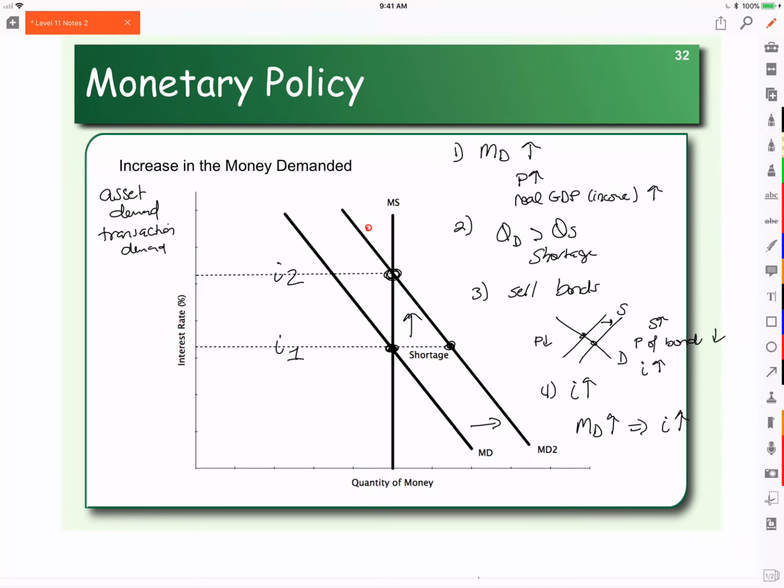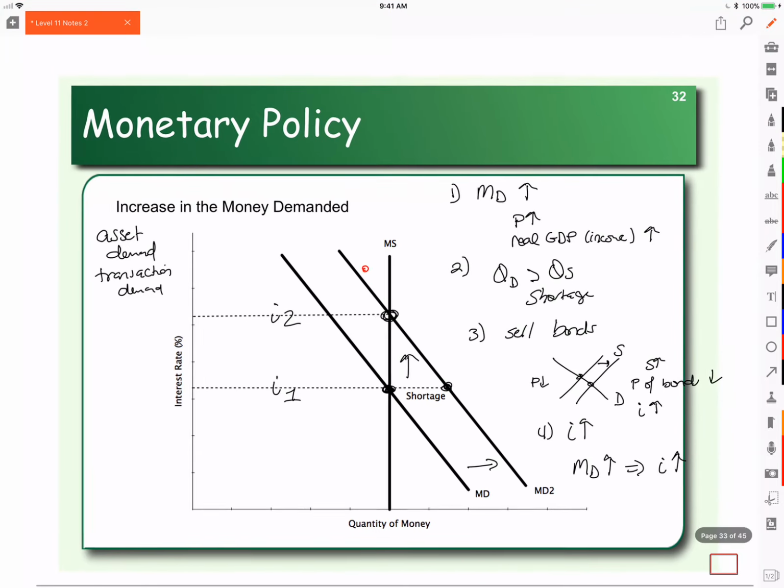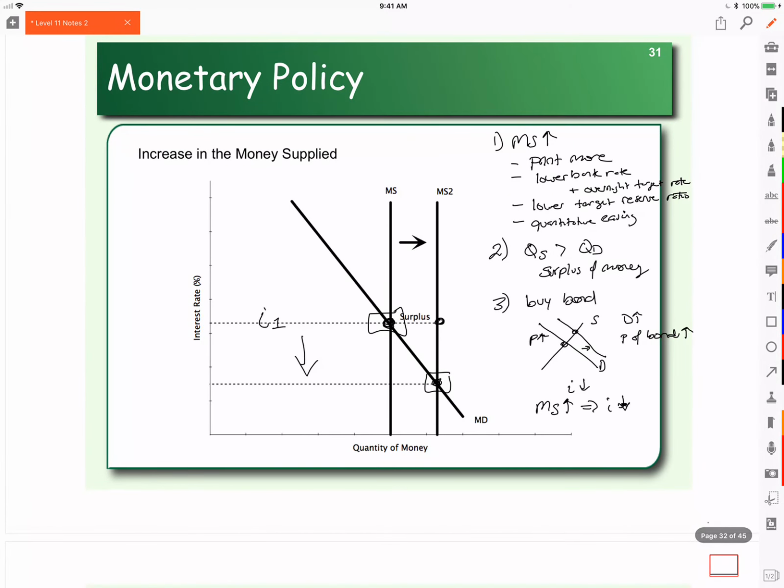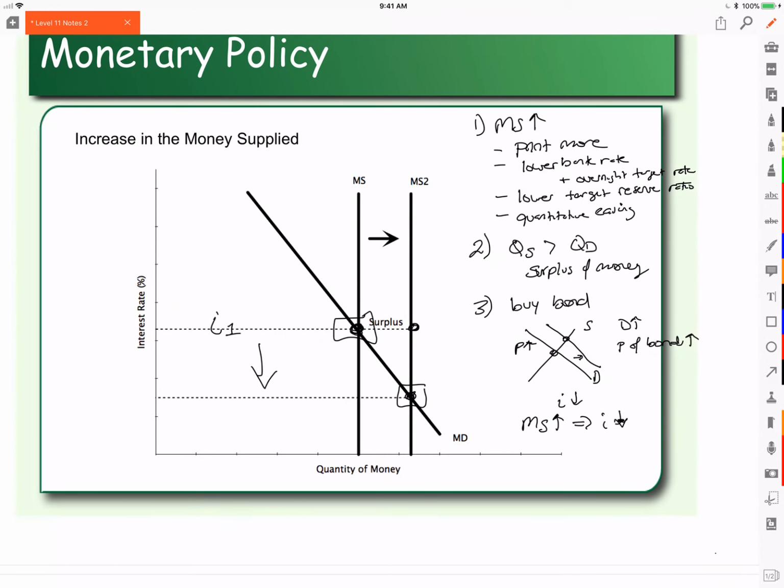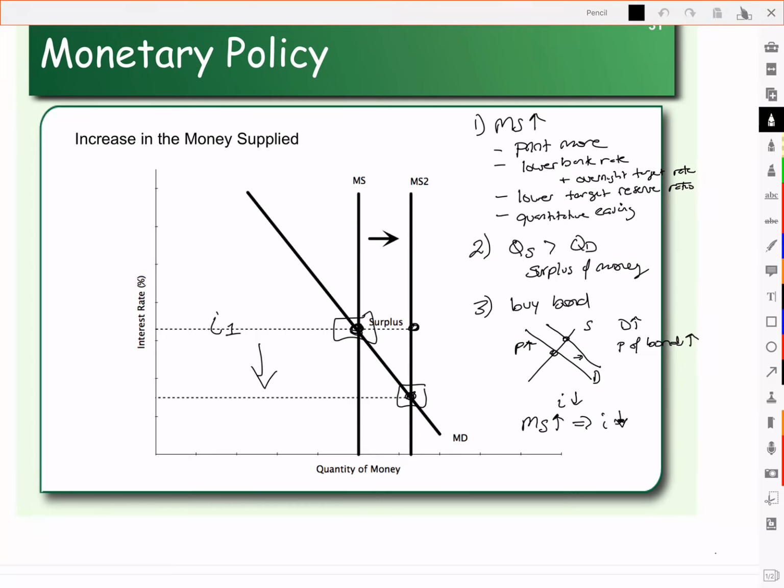So we can look at what happens to the money supply or what happens to money demanded when there's a change. We found that when the money supply increased, interest rates went down. We could go the other direction and look at what if the money supply decreased. Then there's a shortage of money, we sell bonds, so if the money supply decreases, what happens to interest rates?